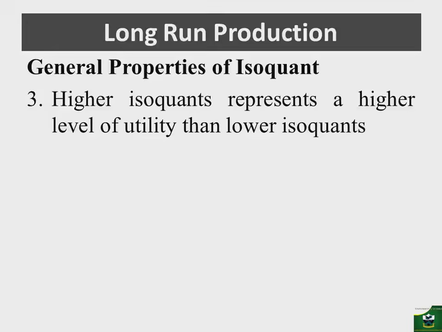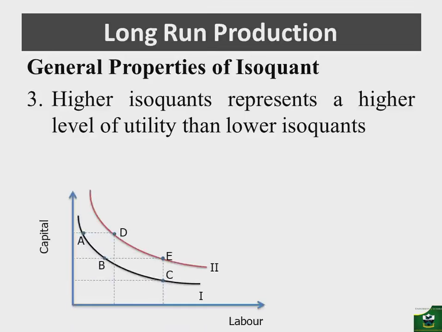Let's look at the third property. Higher isoquants represent a higher level of output than lower isoquants. Now, this is what we had illustrated earlier: isoquant 1 and isoquant 2 have different output levels. But for each given output level, all points lying on the same isoquant will give you the same output level. So on isoquant 2, D and E will produce the same level of output, but different mixtures of the inputs.